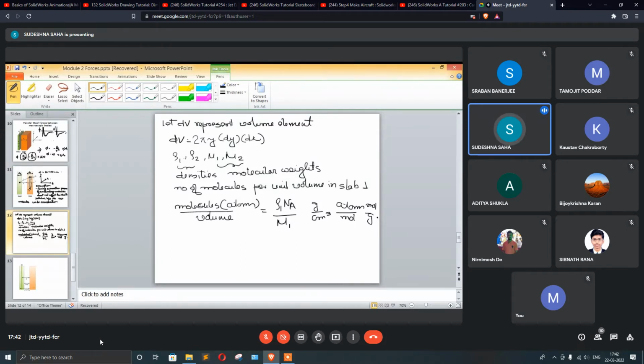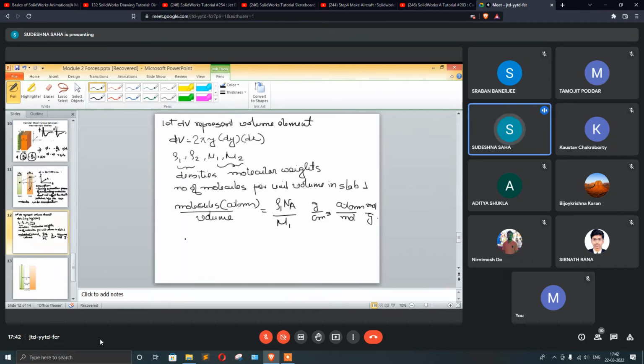So using that simplified form of Lifshitz van der Waals potential between the two molecules, which is what we say, that phi equals beta divided by r to the power 6 for distances beyond d naught, that we'll be using over here, and by using that equation, if we just multiply with the number of molecules present in the integrating volume, you can get the interaction potential between a single molecule with the annular element of slab 1.